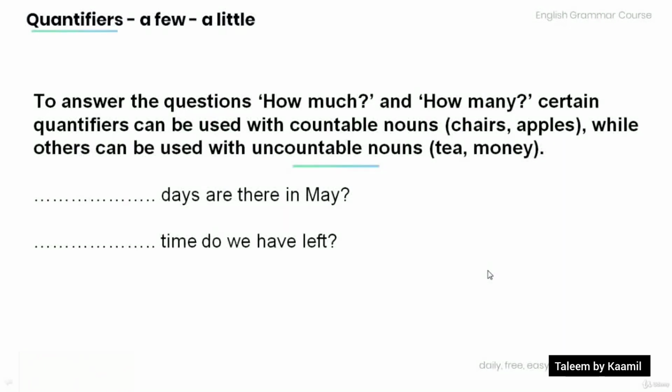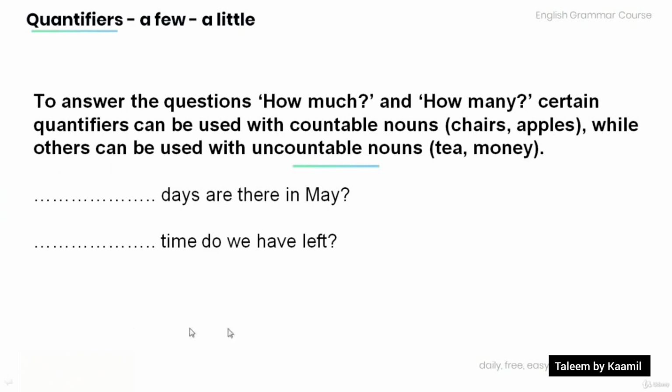And now, let's review and practice a bit. Remember that to answer the questions how much and how many, certain quantifiers can be used with countable nouns, such as chairs and apples, while others can be used with uncountable nouns, such as tea and money.